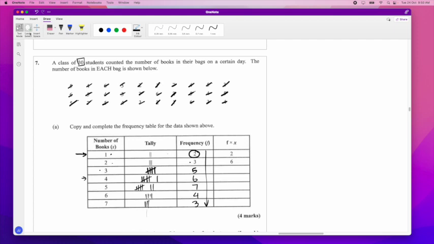And so now we just have to do the calculation for the fx column, and that is where we take this f and multiply it by this x.